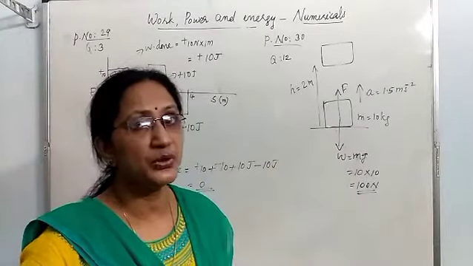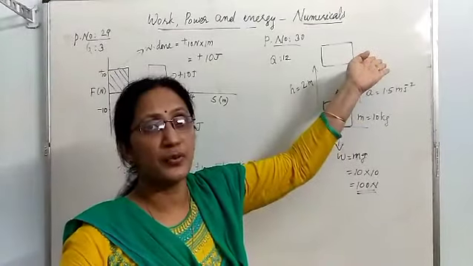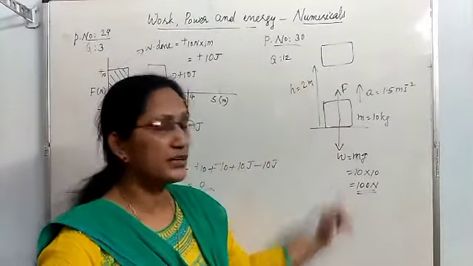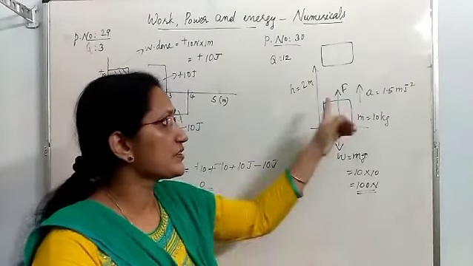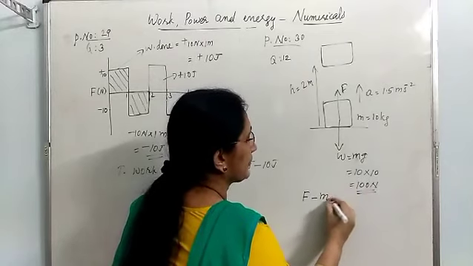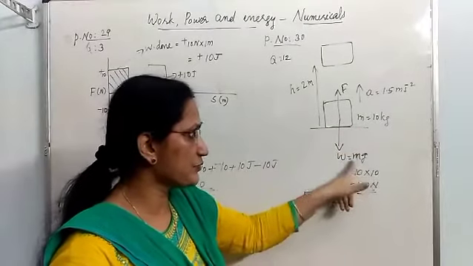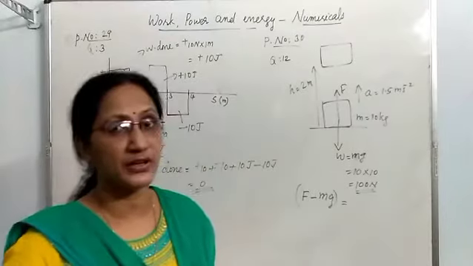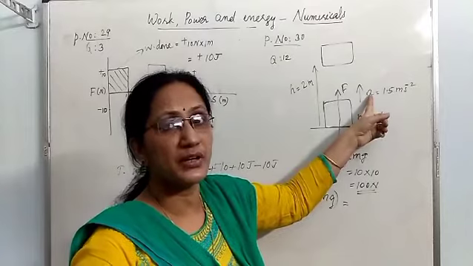And you will be able to guess which force is greater. Since the body moves upward with an acceleration, this upward force is greater than the downward force. So the net force acting on this body is F minus mg. Upward force F minus downward force mg is the net force, and this force causes the acceleration of 1.5 meter per second square.